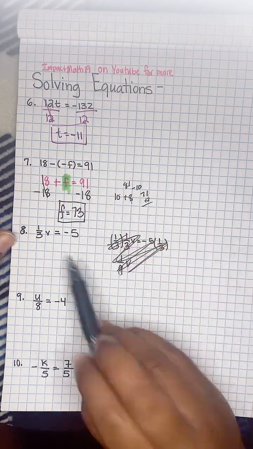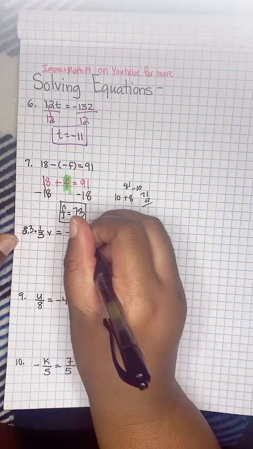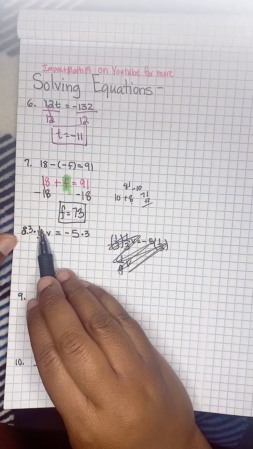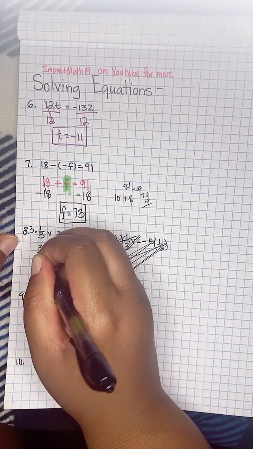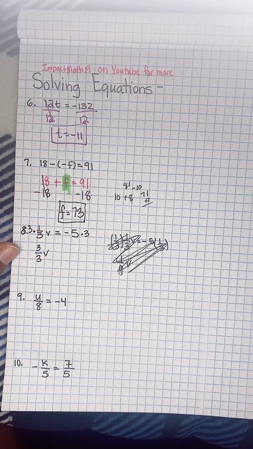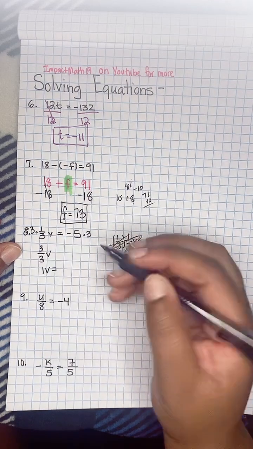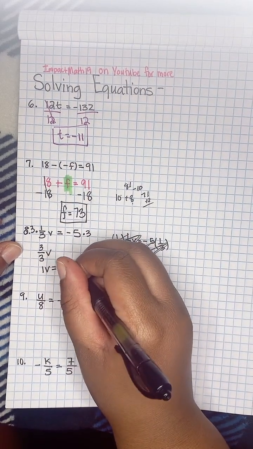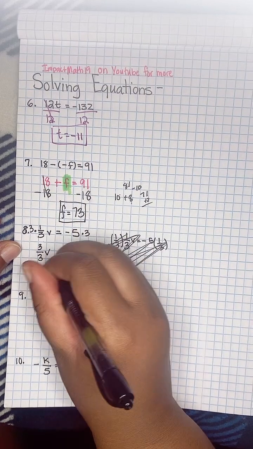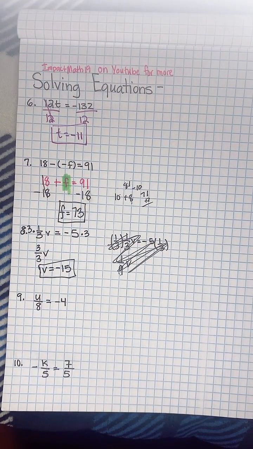But if I multiply both sides by 3, then I'm getting 3 times 1, which is 3 over 3, V. So 3 divided by 3 is 1V. Thank you, baby. 1V equals, and then negative 5 times 3 gets me negative 15. So we get V equals negative 15, and that is our answer.